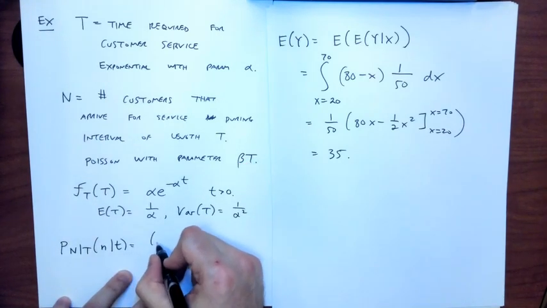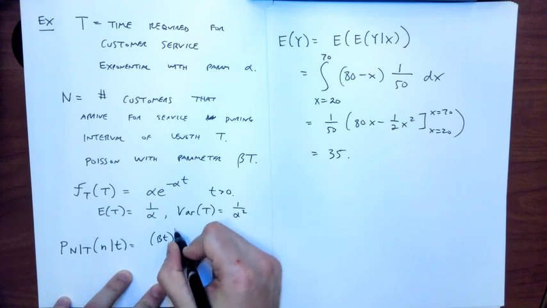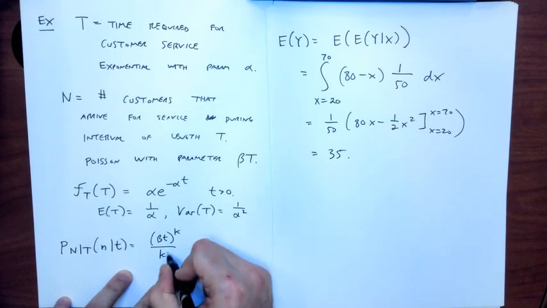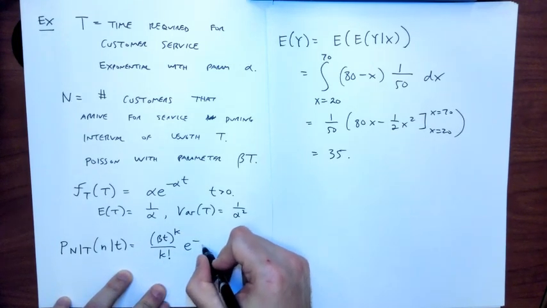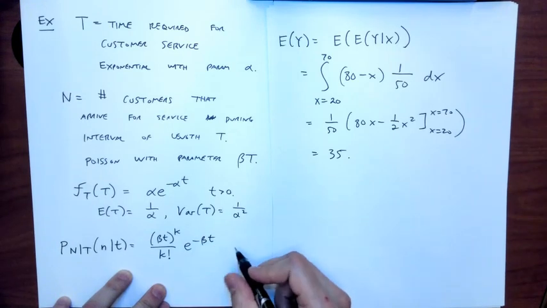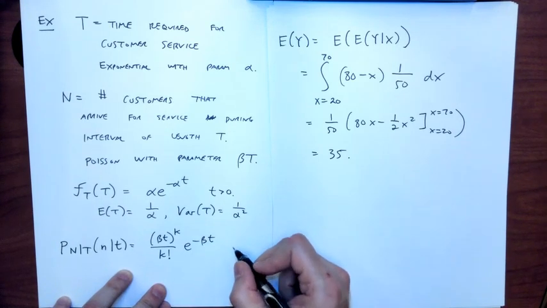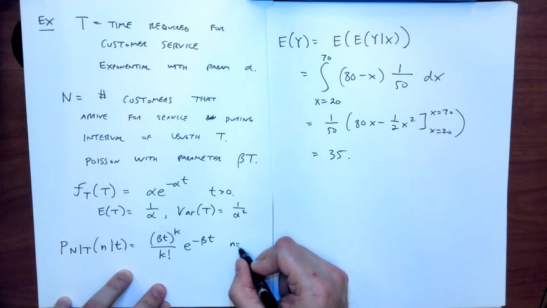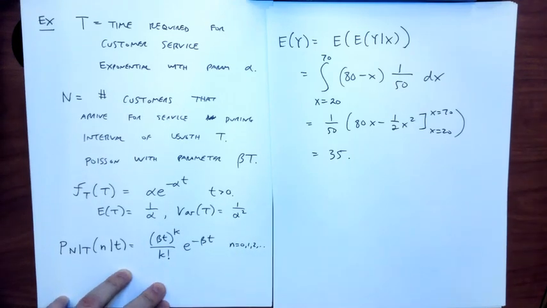This is the Poisson PMF from before exam 1. Here n can be 0, 1, 2, 3, whatever, so what I have is a mix of continuous and discrete stuff.